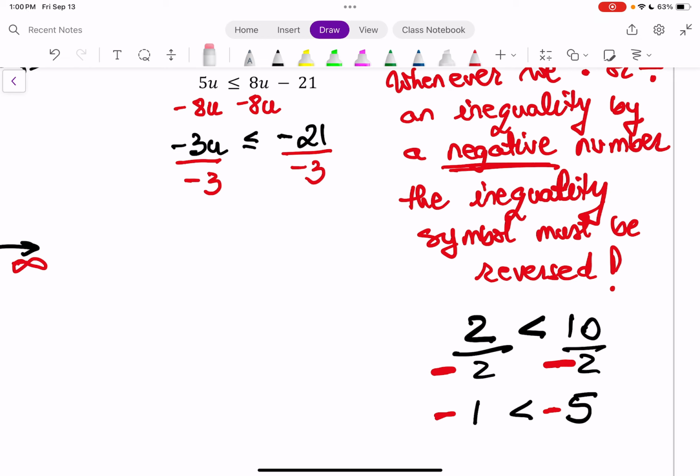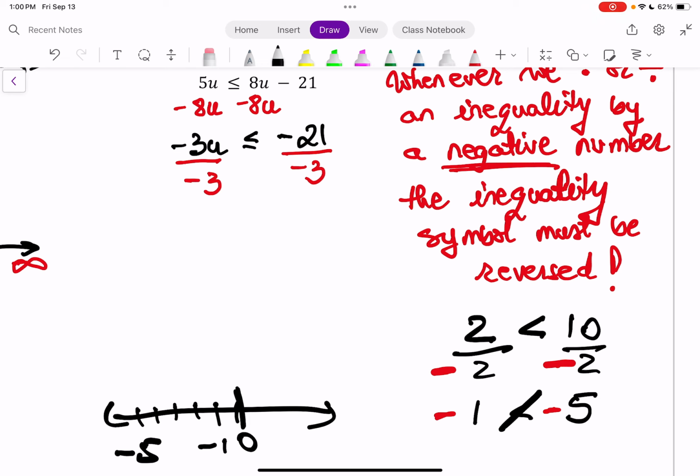How is negative 1 compared to a negative 5? Remember, if you are left of another number, you're lesser than that number. So negative 1 is in fact to the right of negative 5 on the number line. And in fact, negative 1 has to be greater than negative 5. So whenever we divide by a negative number, we need to reverse the inequality symbol.